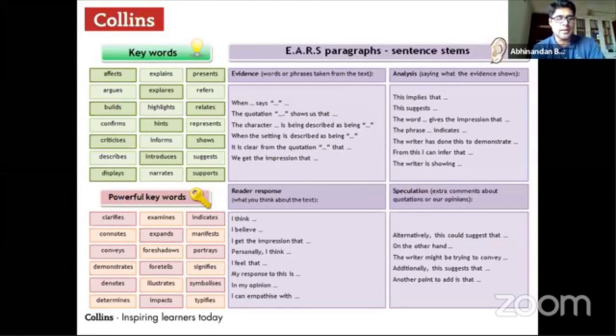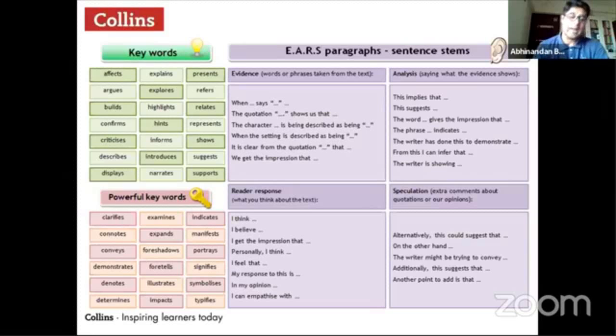So alternatively, this could suggest that. On the other hand, this could signify, or the writer uses this phrase to bring out the essence of the matter, or talk about this particular element. Additionally, this suggests that. So see, you can use fronted adverbials and a lot of other structural elements to frame your responses.